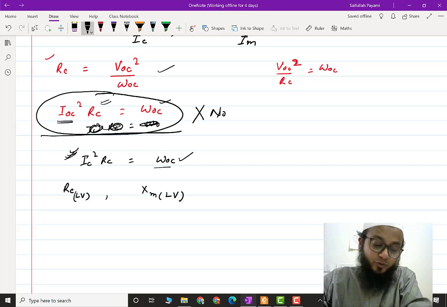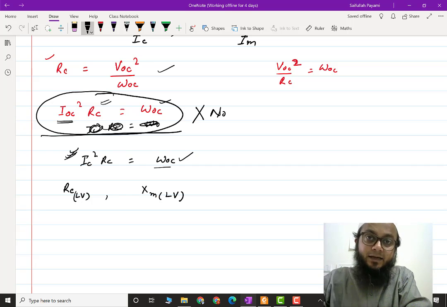That has to be kept in mind. We will get RC and Xm through this open circuit test, and these parameters are for the low voltage side.